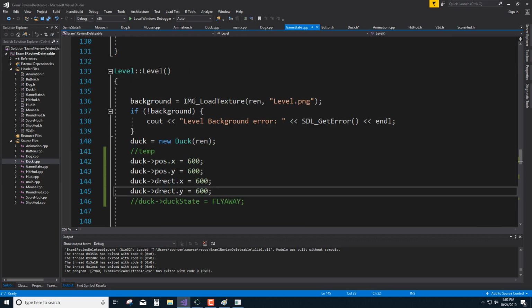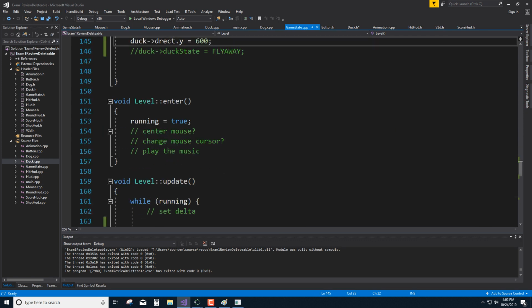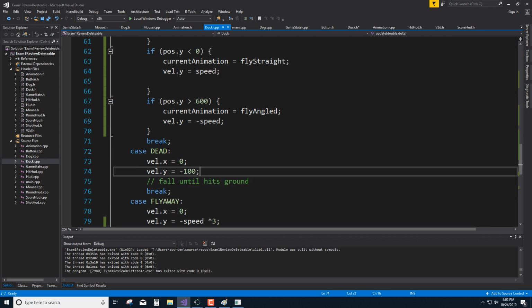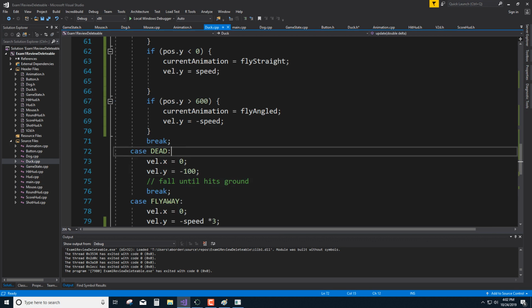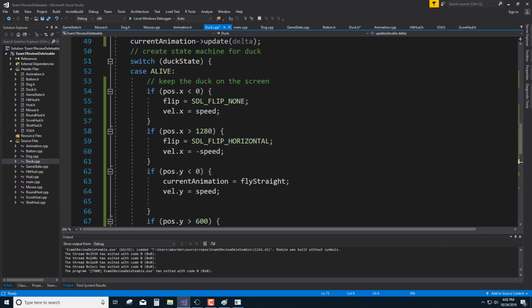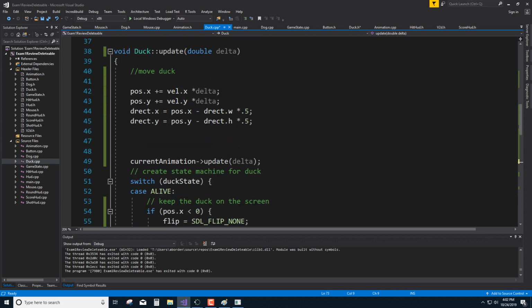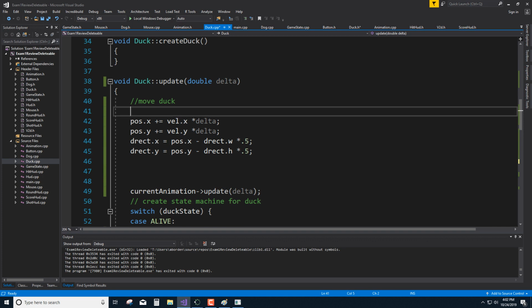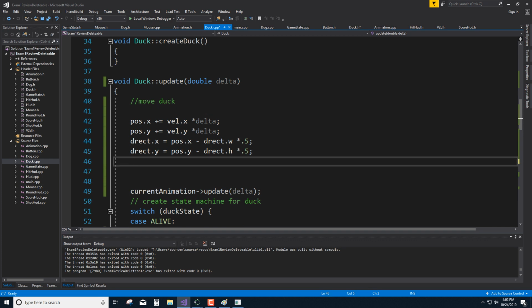And back in duck, in every case, we're going to update it.